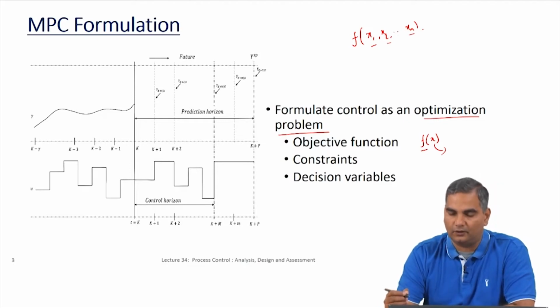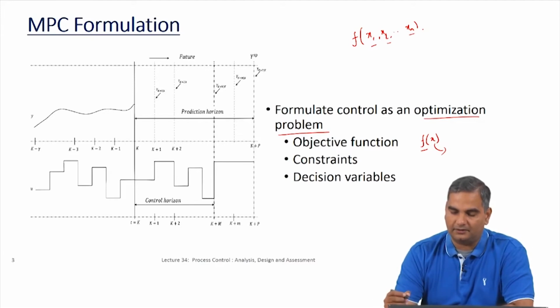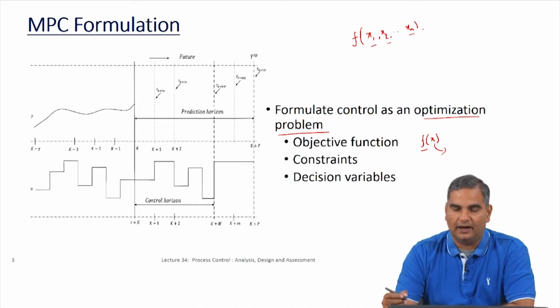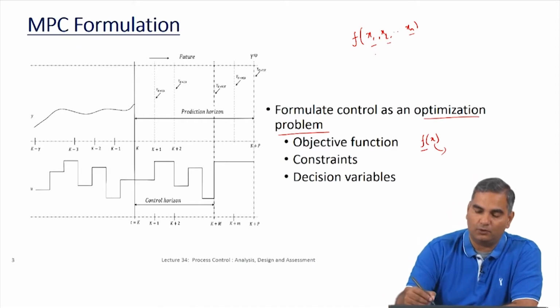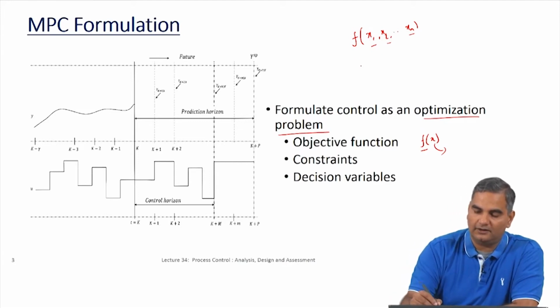So, whenever I have an optimization problem, I have an objective which is a function of several variables, and I am going to make decisions about what values these variables should take. So, these are then called the decision variables.